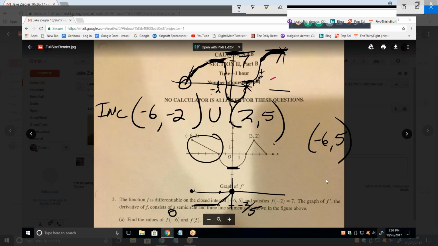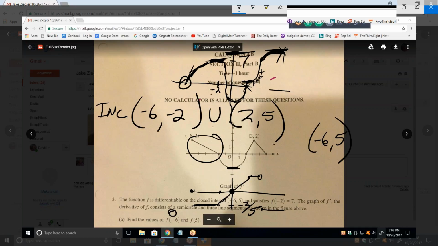Then it increases from that point to that point. And then it's a positive 3/2 from that point to that point. And then it's a negative 2 from that point to that point. So the second derivative might look something like that.